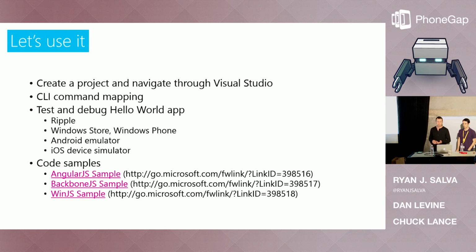In each of those VMs, there are code samples available: an Angular one, a Backbone one, and a WinJS one. I got to tell you, I am from Microsoft, and so obviously I have some bias, but I was going into HTML5 DevCon earlier in the week thinking that Ionic was the bee's knees. My opinion has not changed. Ionic is still the bee's knees, but I was super duper impressed with the performance of WinJS.